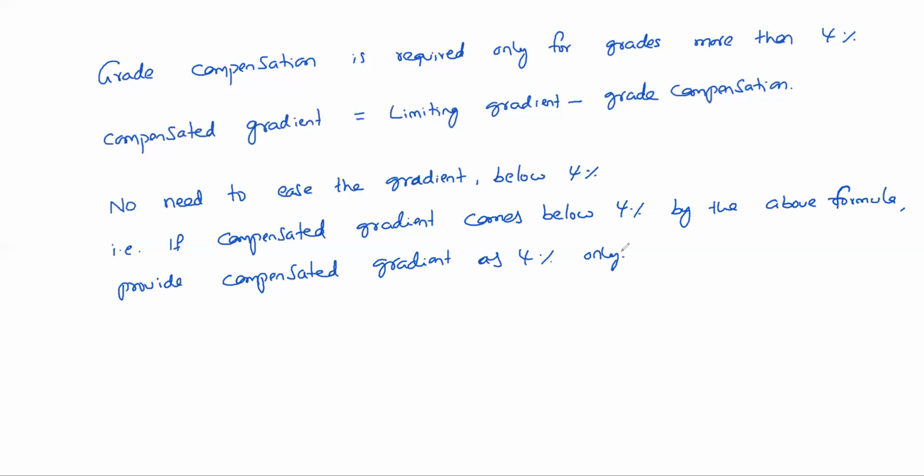That means if you get something like 3.5 or 3.7, then no need to go for that much value. So you can go for 4% only.